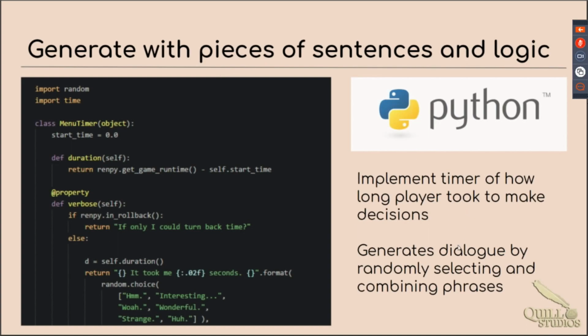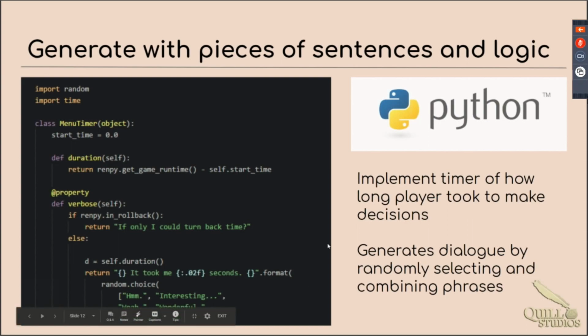And just as a little bit of code, I'm not going to go into the code in this talk because I think it's not really within the scope. But the example in my game is that I had a timer to see how long players took to make decisions, and then it would generate a new sentence each time.